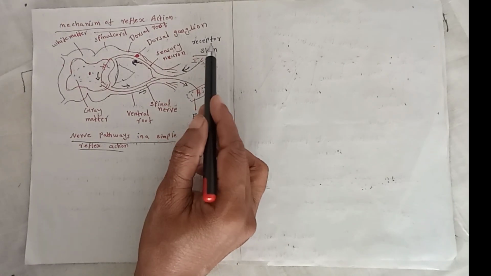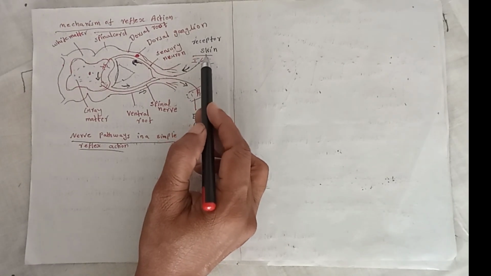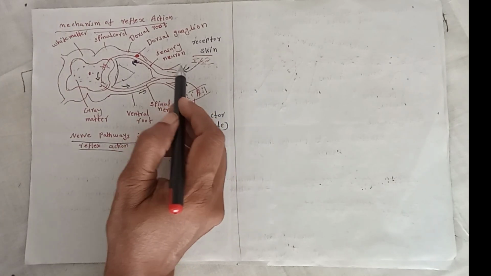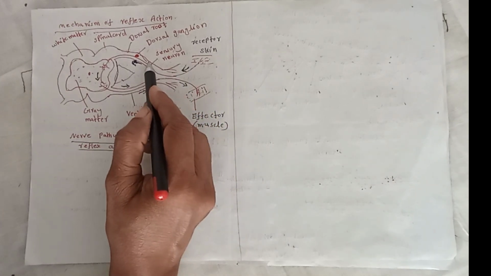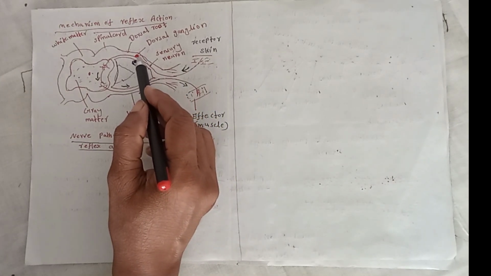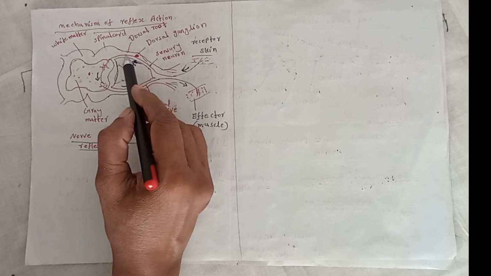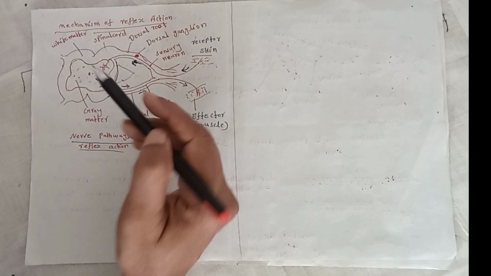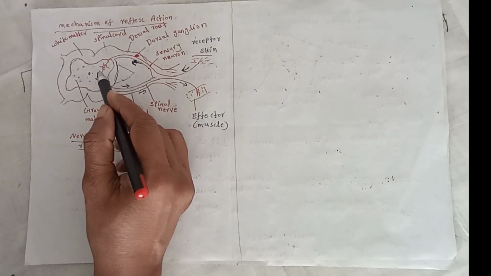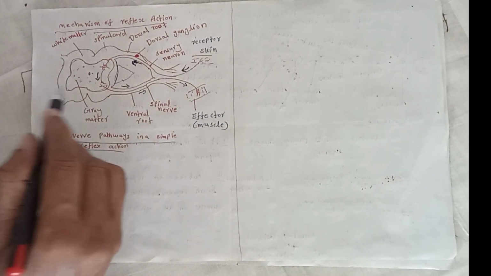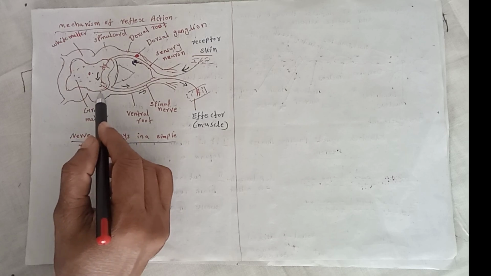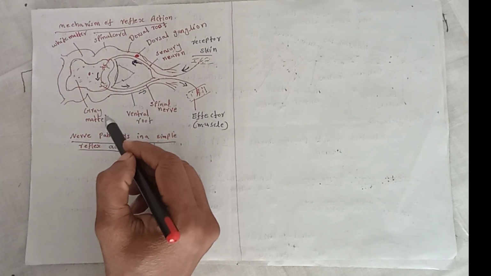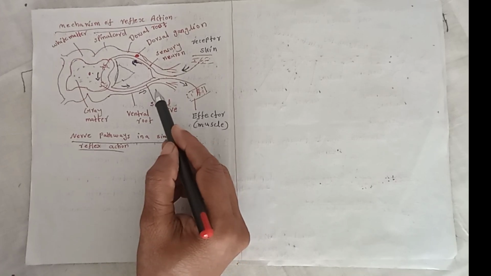Here we can see the impulses received from the receptor, that is skin, passing through the sensory neuron via the dorsal ganglion. Then this enters the grey matter of the spinal cord, and then passes outside through the ventral root.